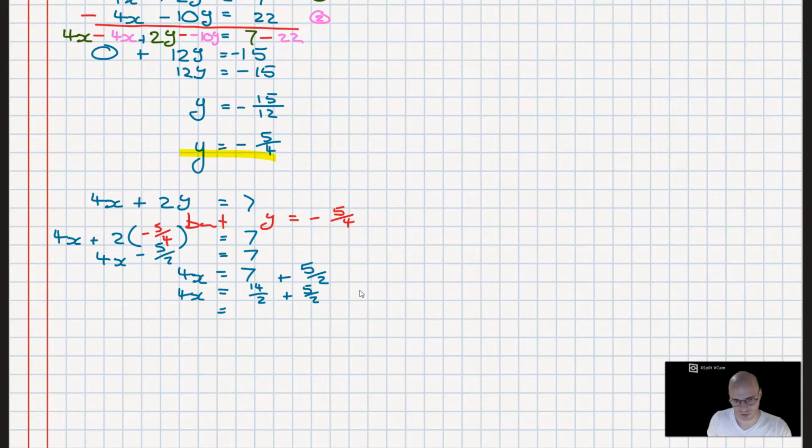Then we're going to get 14 plus 5, that's going to be 19 on 2. And then we divide both sides by 4, which is effectively the same as timesing by a quarter.